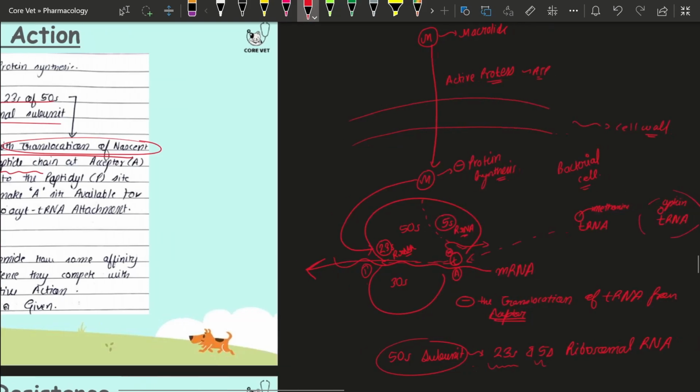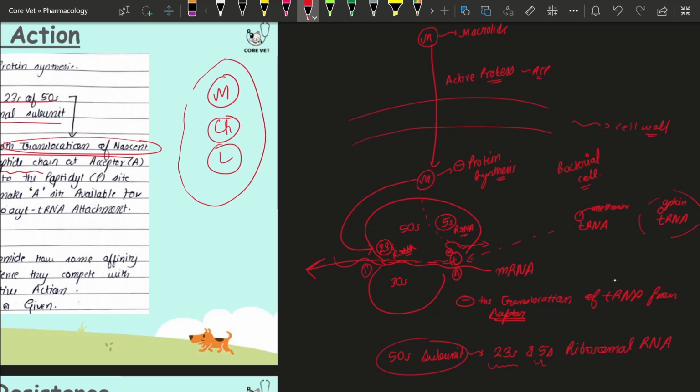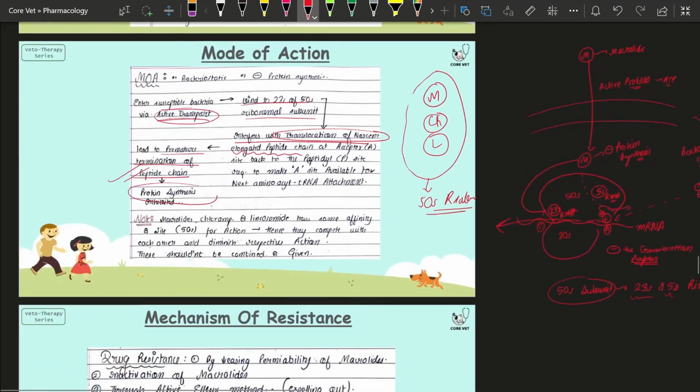I had told you that the site of attachment is the same for the macrolide, chloramphenicol, and lincosamide. All three act at the 50S ribosomal subunit, so they shouldn't be given together. That's what you should remember.